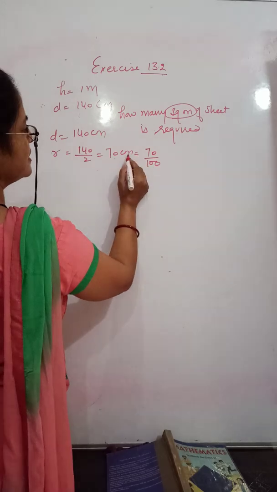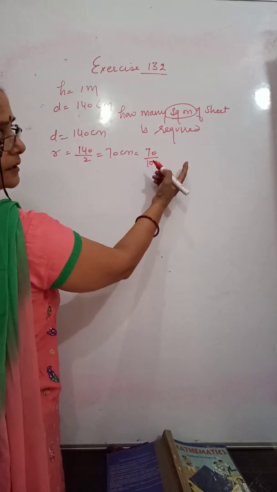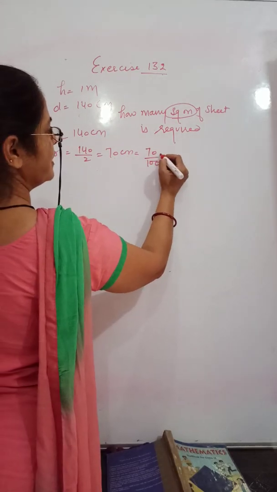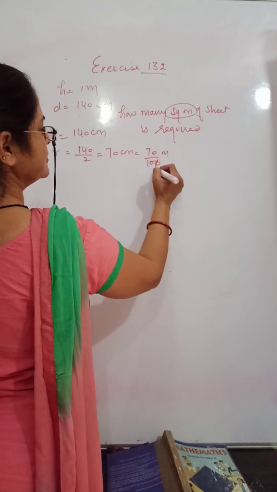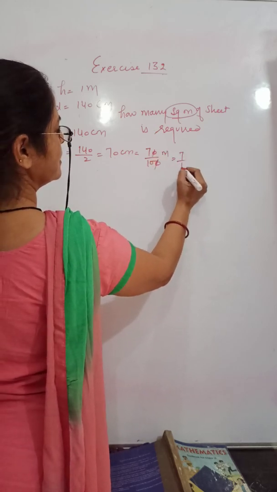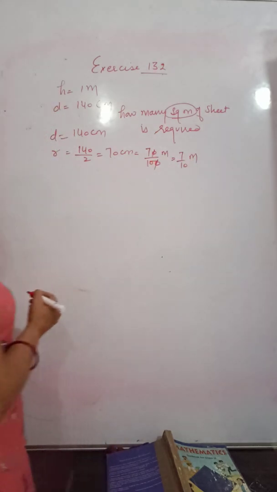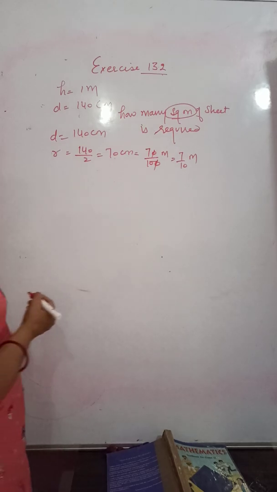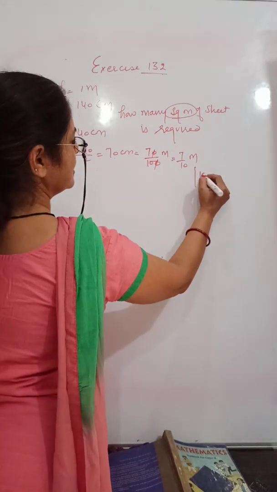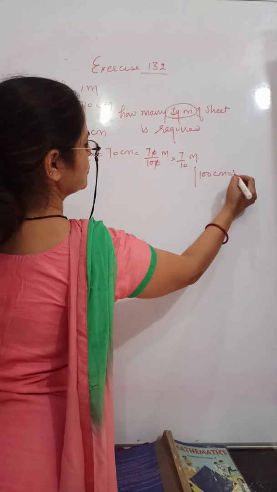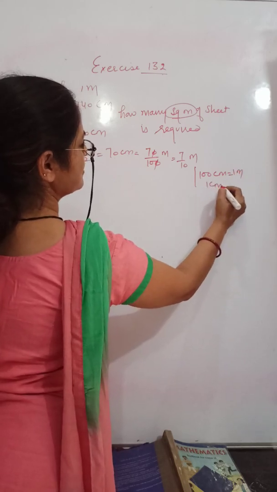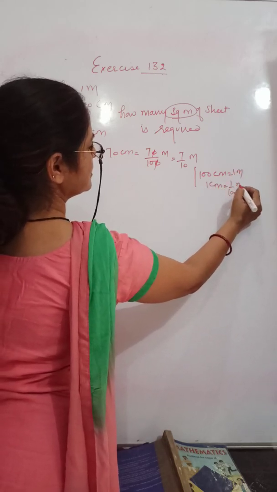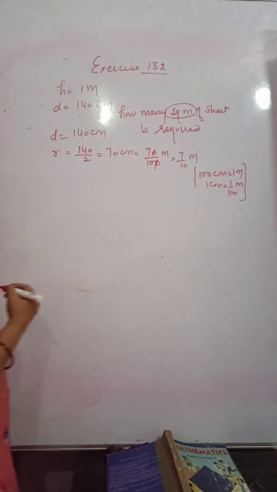To convert centimeter into meter, we divide by 100. So it is 7 upon 10 meter, because we know that 100 centimeter is equal to 1 meter. So 1 centimeter will be 1 upon 100 meter. Clear?